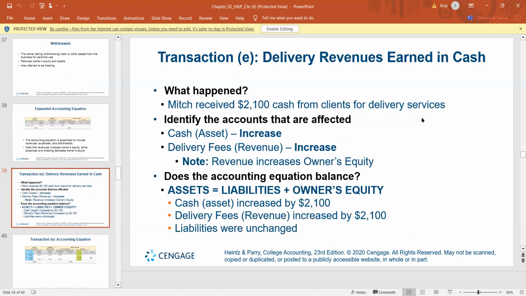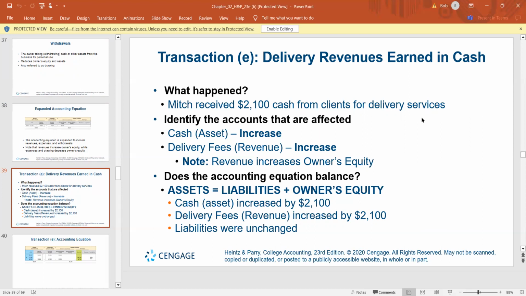So let's go back to some transactions. Delivery revenues earned in cash. Mitch dropped off $2,100 worth of pizza for the faculty meeting over here, and we handed him a check for $2,100. He sold his product, he made a delivery, and he earned cash. So identify the accounts.